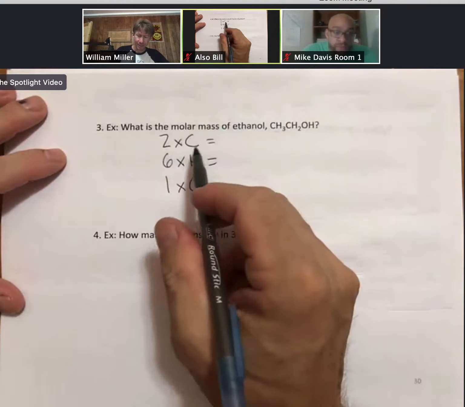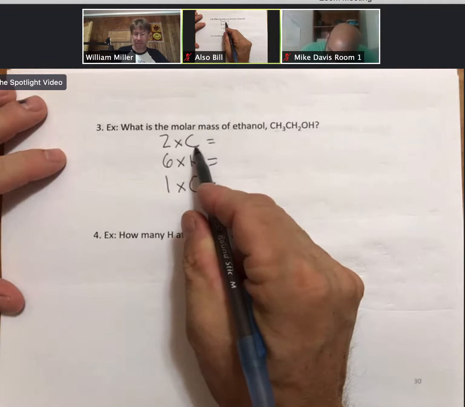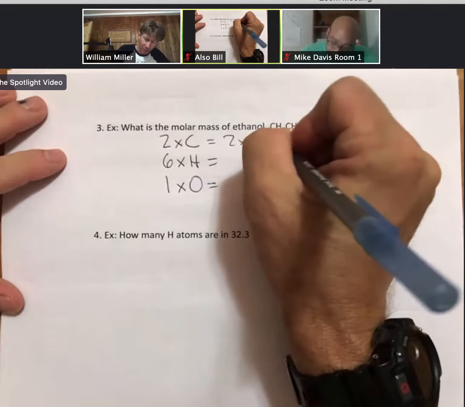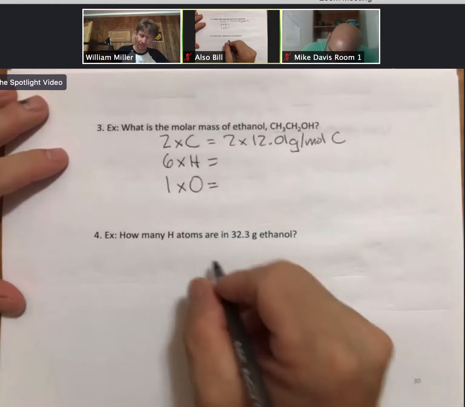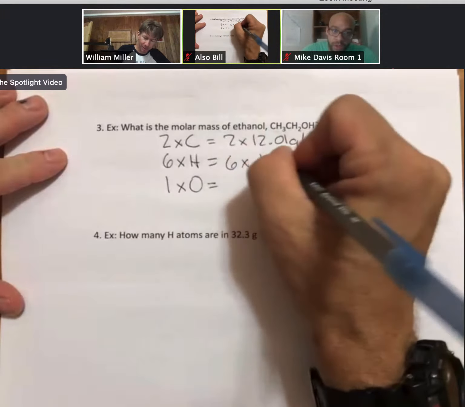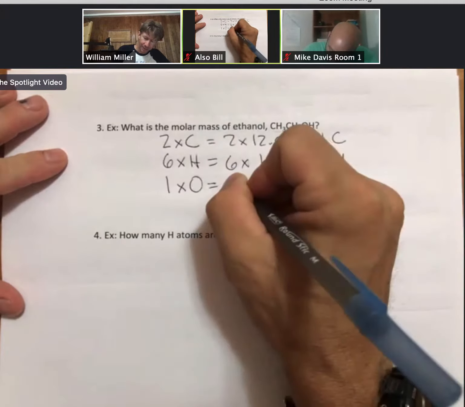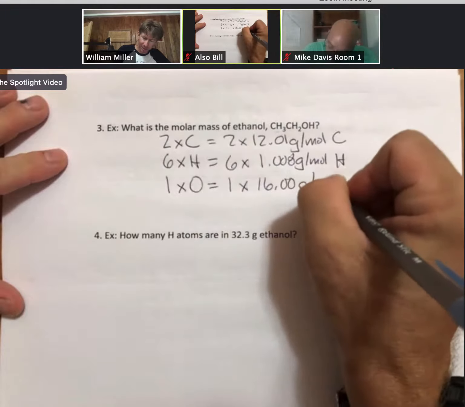Molar mass means use the numbers on the periodic table under each element's chemical symbol. So it's 2 times 12.01 grams per mole for carbon, 6 times 1.008 grams per mole hydrogen, and 1 times 16.00 grams per mole oxygen.